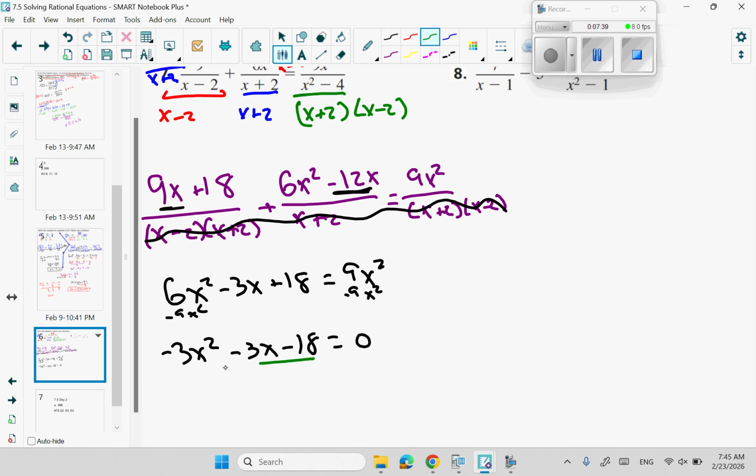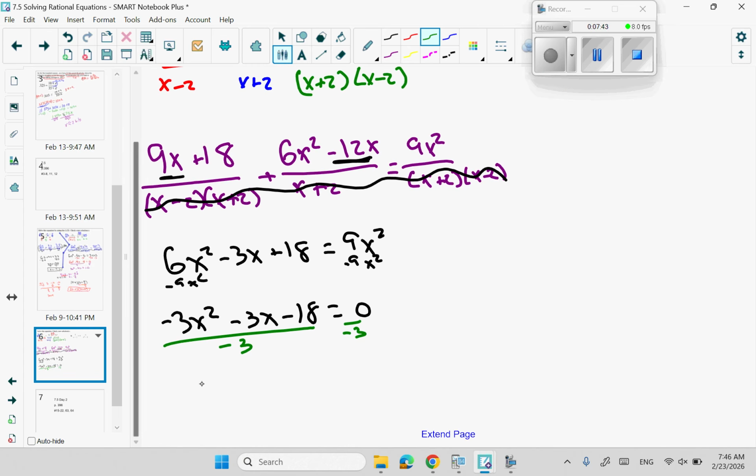What can I take out of everything? Well, that would be -3. That gives me x squared plus x plus 6 equals 0. What multiplies to positive 6 adds to -1. Oh, sorry, this was a plus 18.